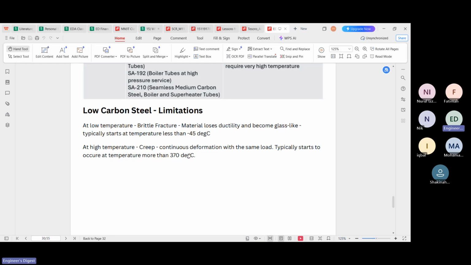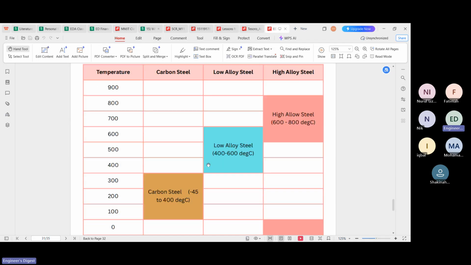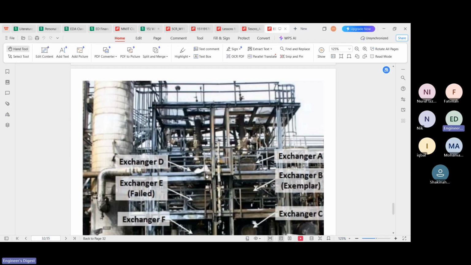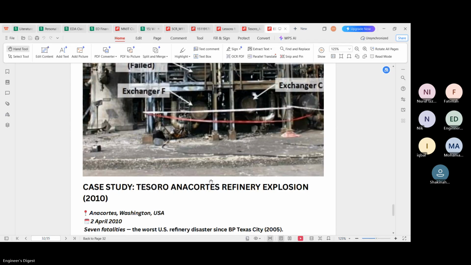But because it operates beyond 370 degrees for a very long time, you'll see that it begins to crack. Did I answer your question? Yes. Okay, thank you. Any more questions before we start the next case study?